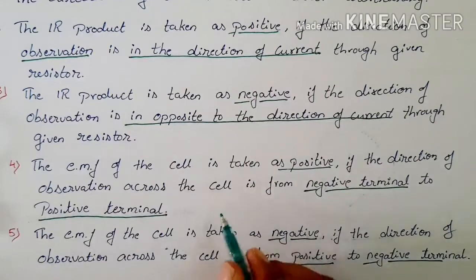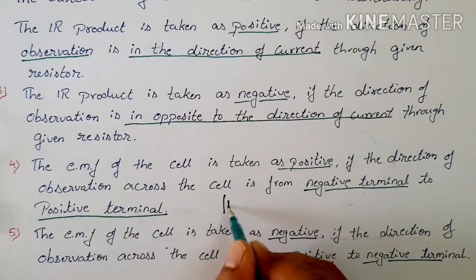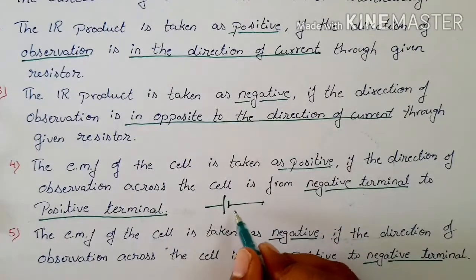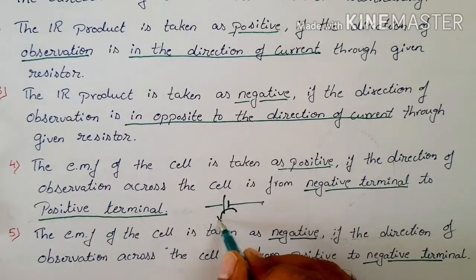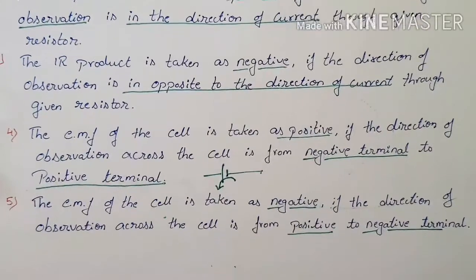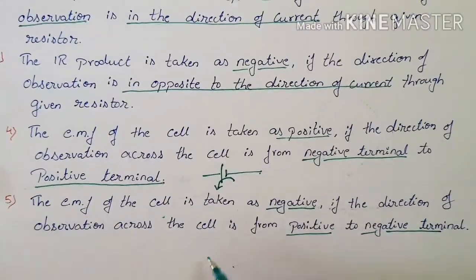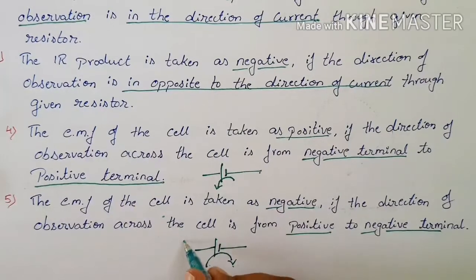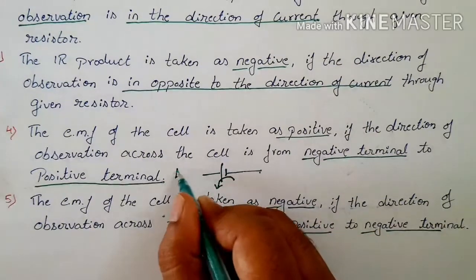Is it clear? So if you want to count the EMF as positive, the direction of observation should go from negative to positive, like this. Here it is opposite: positive to negative, so this EMF should be taken as negative. Here EMF is taken as positive.